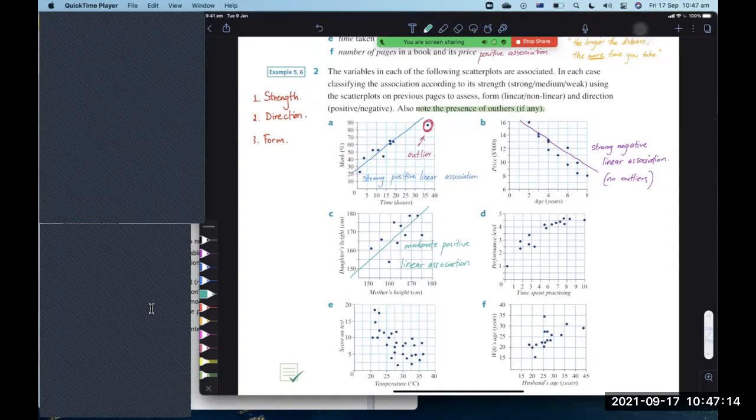I wouldn't really call this one here an outlier, because if you look at where we draw the line, there's an even amount on either side that are spaced out.